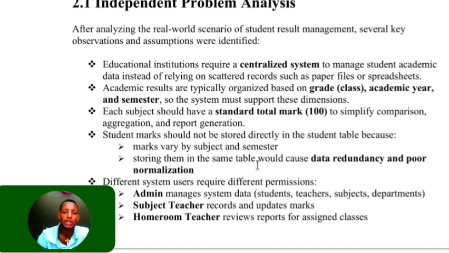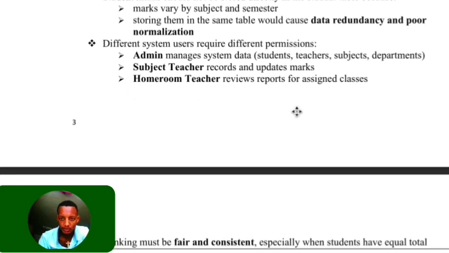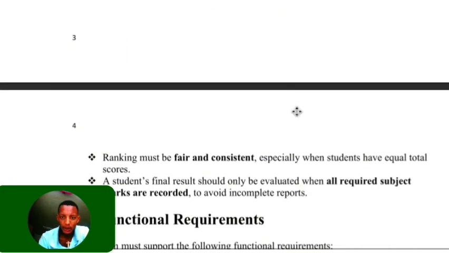When you see a manual records management system, it keeps our data scattered on paper, so it's difficult to get some data of students. And different system users require different permissions. Like admin, the subject teacher, and the homeroom teacher, they each have their own functions.